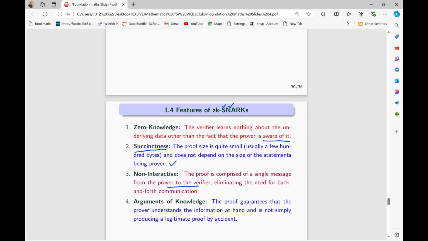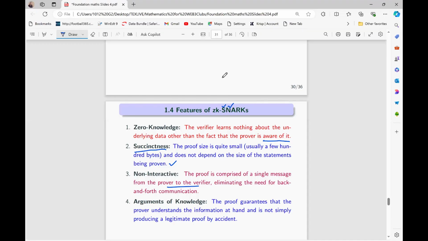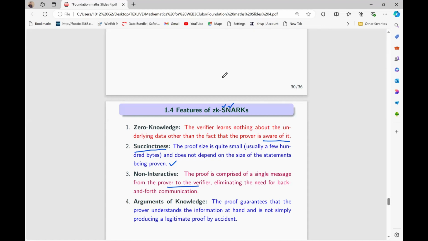So this eliminates the need for back and forth communication, where the verifier asks a question, the prover responds, the verifier is not convinced, asks another question. So that one is removed. That is what non-interactive means.